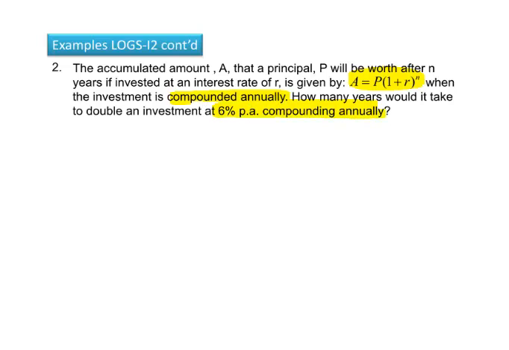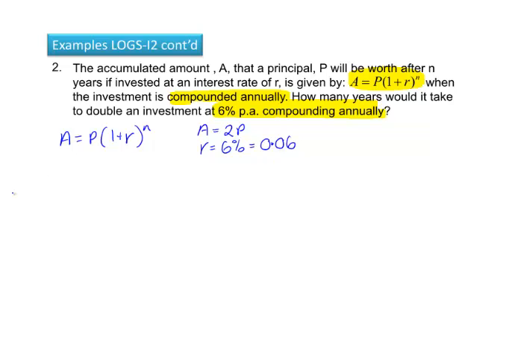So my formula is A equals P bracket 1 plus R to the power of n. From there, I want my investment to double. So I want A to equal 2P because P is my initial investment. And I know that my R is 6%, which is 0.06.